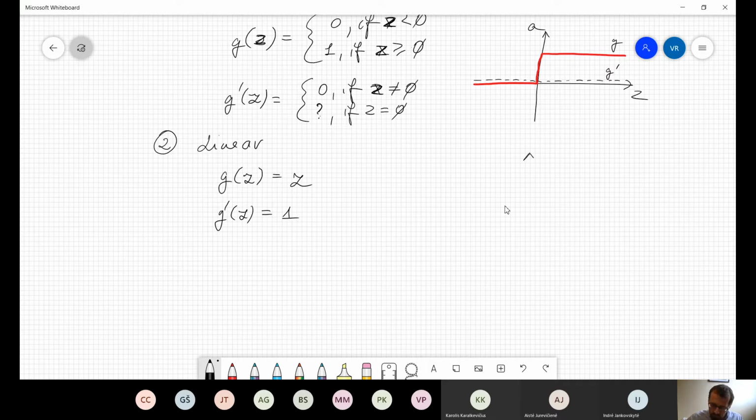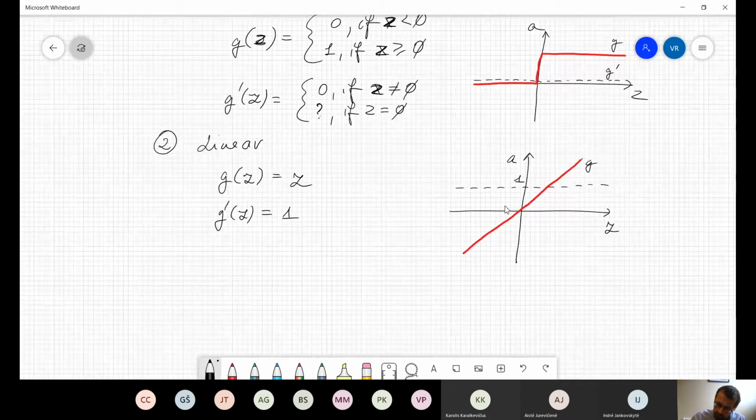The graph of this is: any value on z is equal to the same value on the output. So this is the activation, and the derivative is equal to 1.